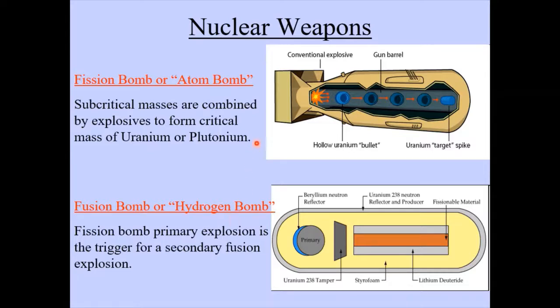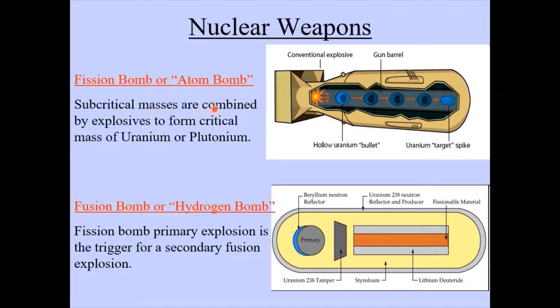So just real briefly, in the fission bomb, the way they work is there are a couple different ways to do this, but they take two subcritical masses of fuel, usually uranium or plutonium, and they combine those two. Remember, subcritical means these pieces are less than the critical mass needed for a reaction to occur. But when they're combined together, they now become supercritical, meaning they're more than the critical mass needed.